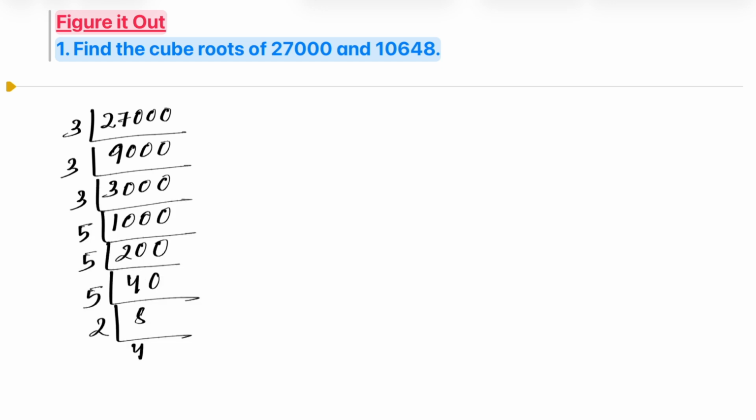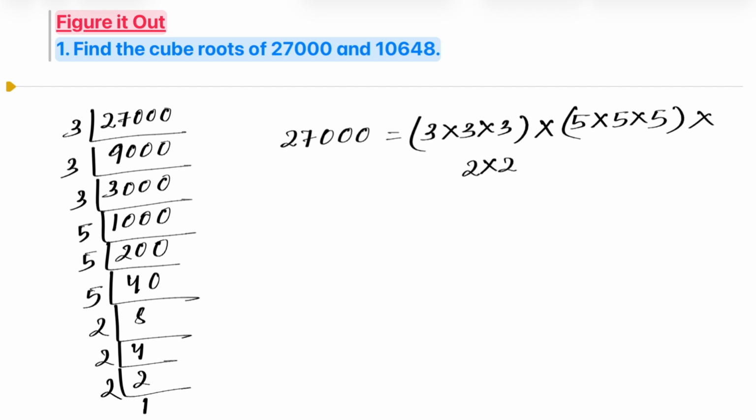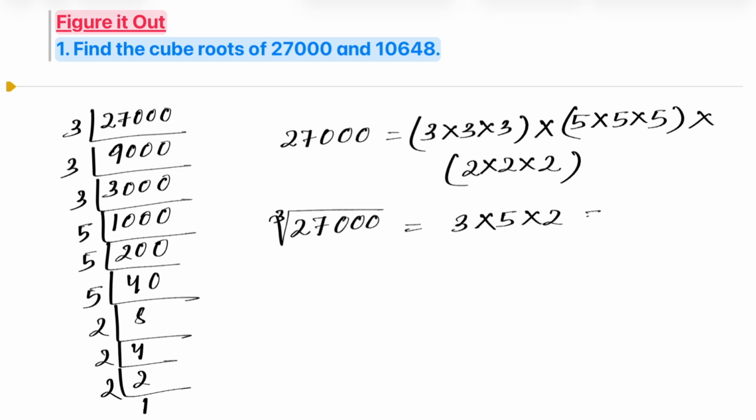Prime factors of 27,000 can be grouped into triplets like this. To find cube root of 27,000, we will take one of the factor from each triplet and then we will multiply them together. So cube root of 27,000 is 3 into 5 into 2, which is equals to 30.